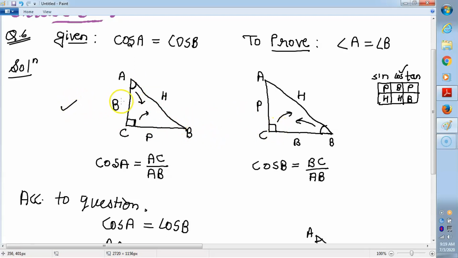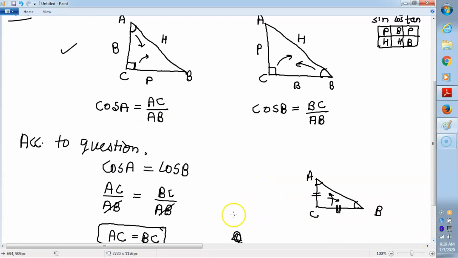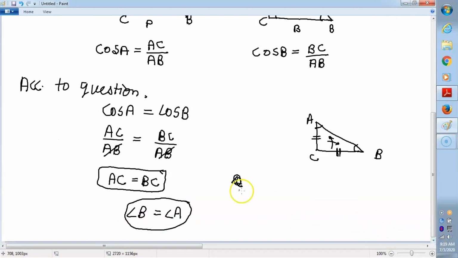You just draw it once and decide cos A and cos B. When we are taking cos A and cos B equal according to the question, AB and AB get cancelled, AC equals BC. And the theorem we are going to use here is angles opposite to equal sides are also equal. That's why angle A equals angle B.